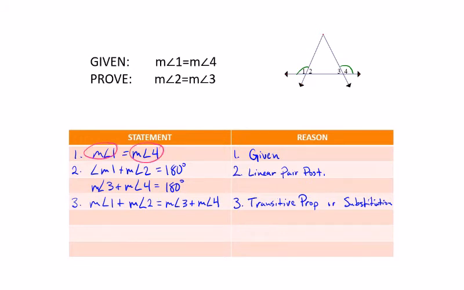We know the measure of angle 1 is the same as the measure of angle 4, by our given. And so we can subtract that value from each side, so we end up with measure of angle 2 equals measure of angle 3, right? And we know that by the subtraction property. I would say this is somewhat substitution as well, because we're using this in place of this, or vice versa.